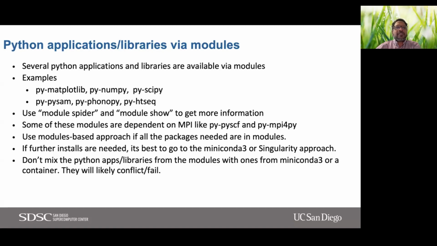You can't say, I'm going to load a Python module and an MPI module from Expanse and then go get a container and use it. That won't work. Or if you mix it with a Conda install, it won't work. It's going to cause all kinds of conflicts and unexpected results. So we strongly suggest not combining the two.